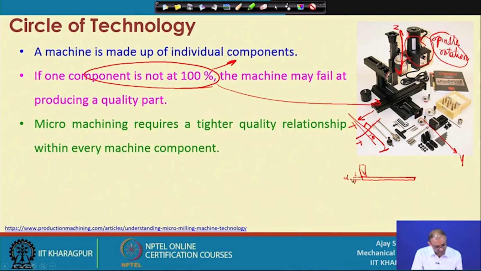So, this is d and this is also d, but because of this angle you are cutting something like this. So, this will be d2, that is not exactly d. So, there are problems with many things here, because one, this part is not as per the dimension. So, the part will be rejected.